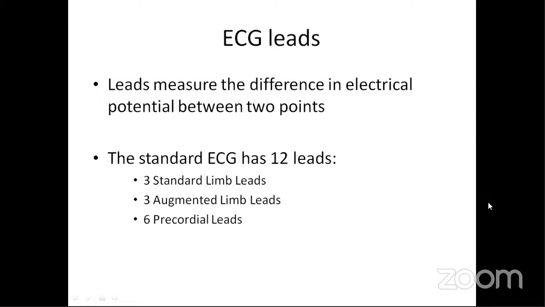Standard ECG lead system: 3 standard limb leads, 3 augmented limb leads, and 6 precordial leads. This is all the leads, and all of it comes under the 12 lead system.